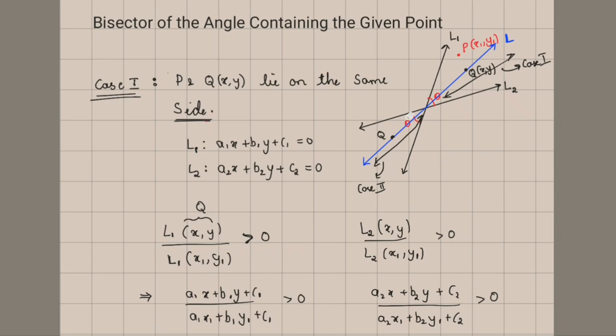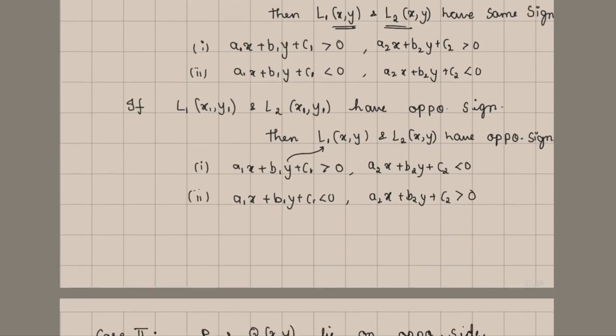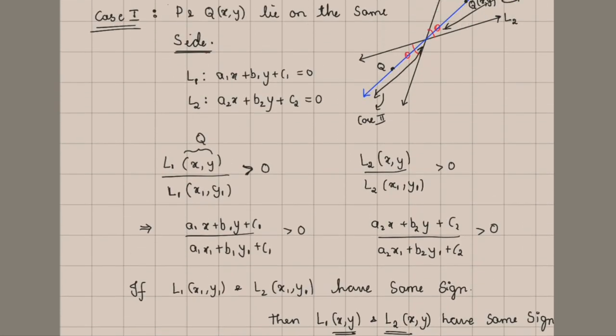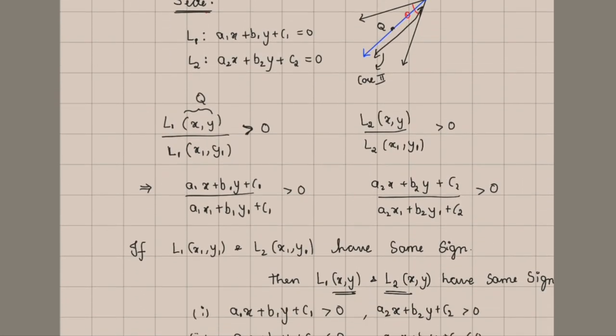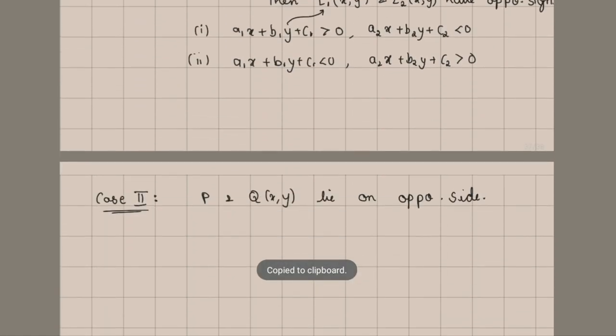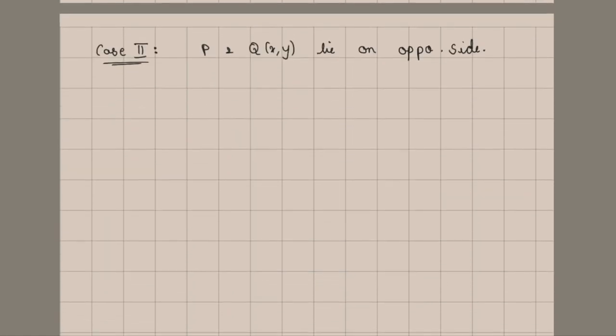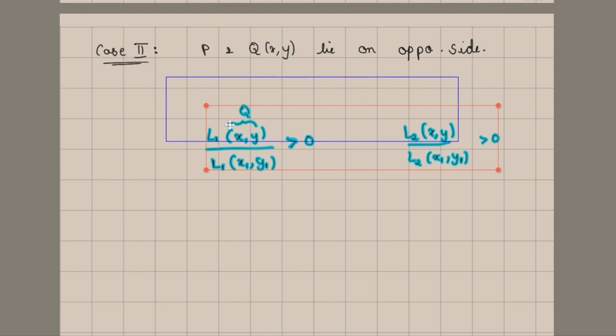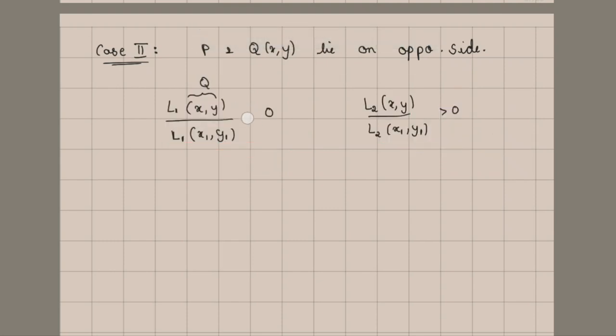As these two points are on the opposite side, L1 of x comma y and L1 of x1 comma y1 will have different signs, which means the product should be less than 0.